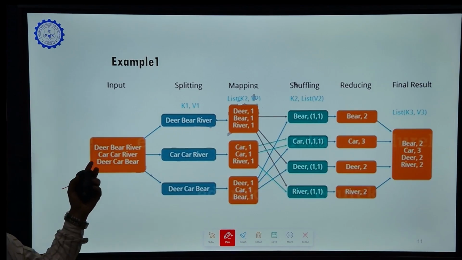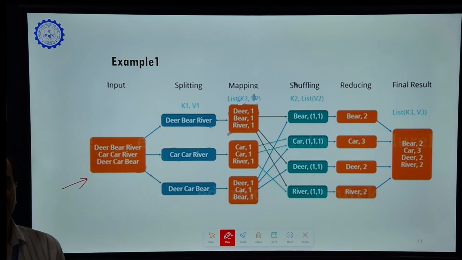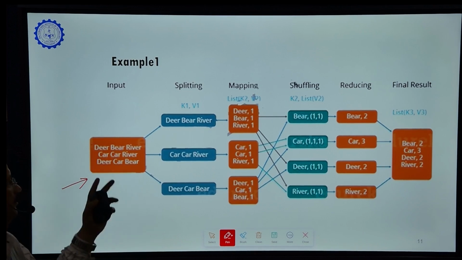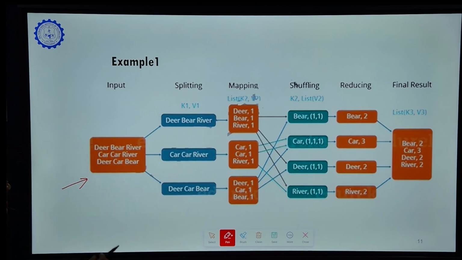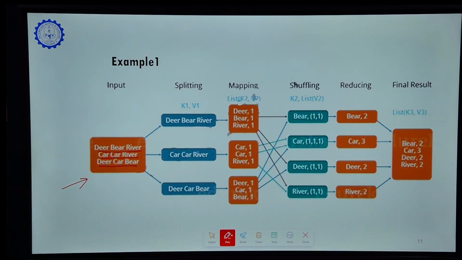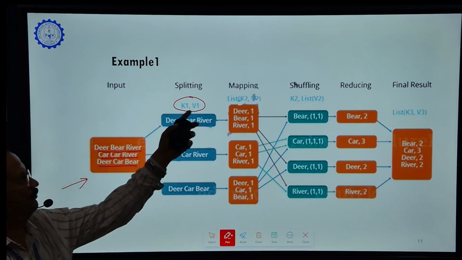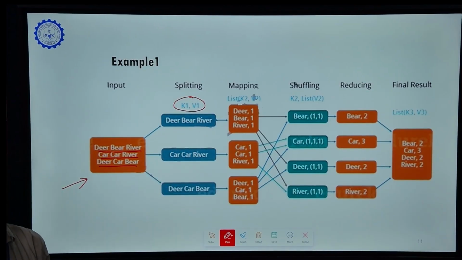Here the words are written: deer, beer, river, car, car, river, deer, deer, car and beer. Suppose this is data which is required for data processing with the help of map reduce. So these are the statements: the first statement, second statement and third statement. This is broken up or split into three parts with the help of key value pairs, because map reduce functions work in key value pair formats.